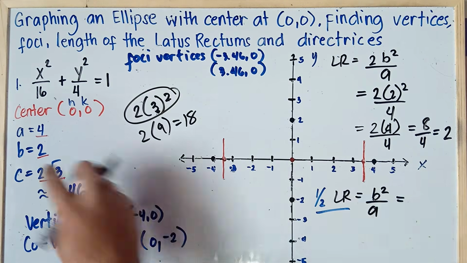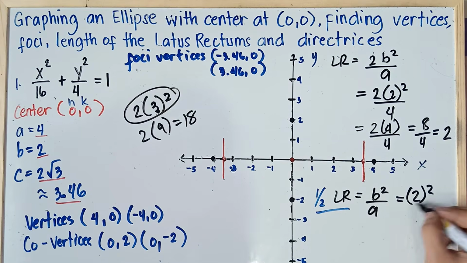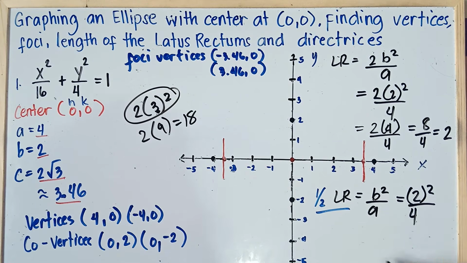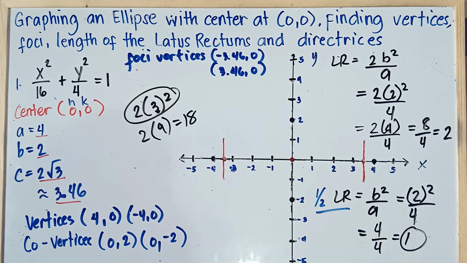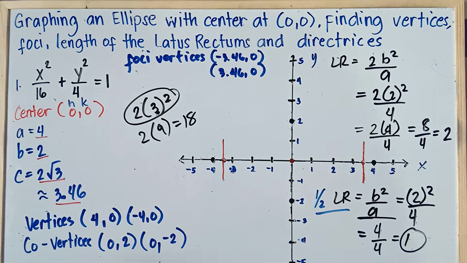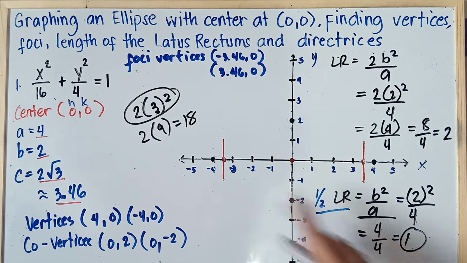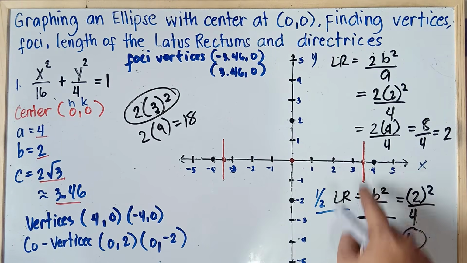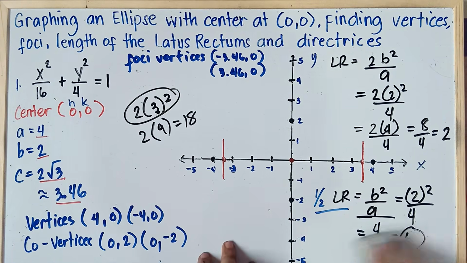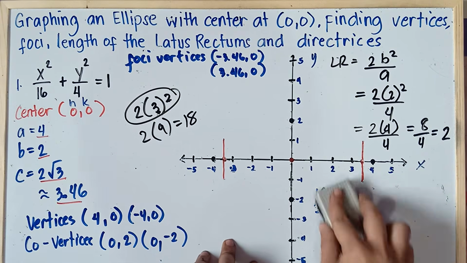Our b is 2, so 2 squared over our a, which is 4. 2 squared, of course, is 2 times 2, that's 4. Divided by 4, that would be 1. Once again, this equation is just half of the latus rectum. Therefore, if this is 1, 1 unit upward, then 1 unit downward. So our latus rectum is 2.